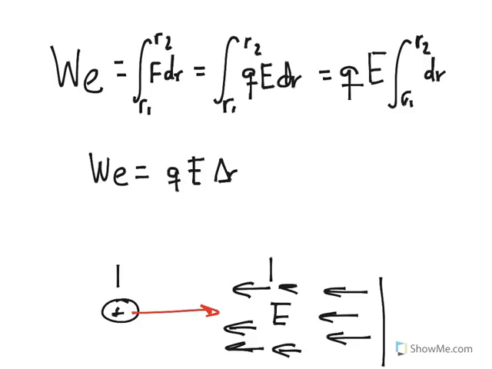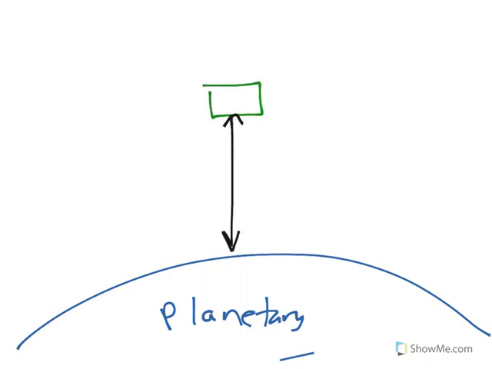And since, you might remember from another course, if we have, for instance, the planetary system, this is the planetary system, and I have a mass here. And I move this mass from this position to this position. Well, the work was equal to mass times the gravitational field, which is constant, times the change in position, and this was the gravitational work.